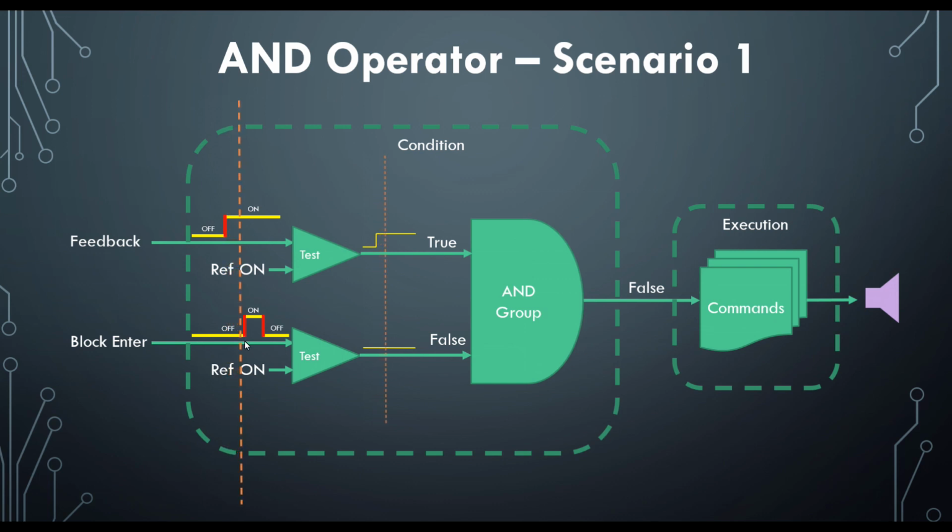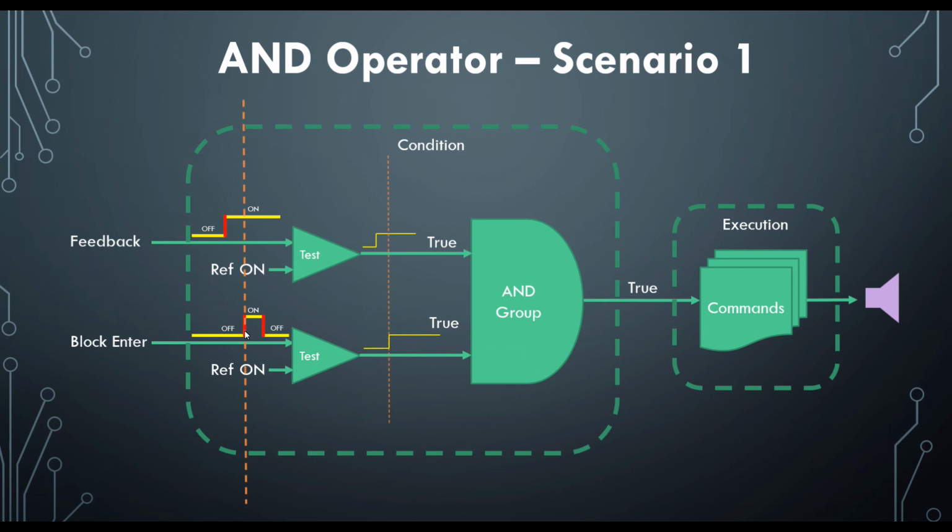We then come to block enter turning on. The states now match. This will come high, denoting true. Here the state has not changed, it remains true, so we have true and true, which produces a true. The condition is met. The commands will now execute and the sound file plays.